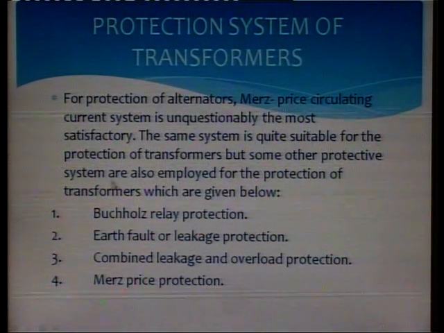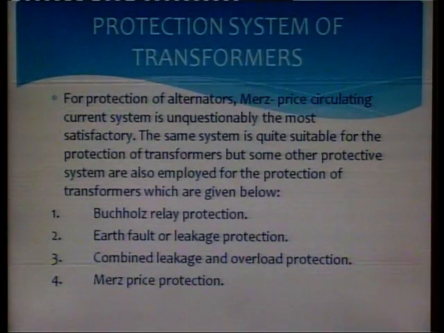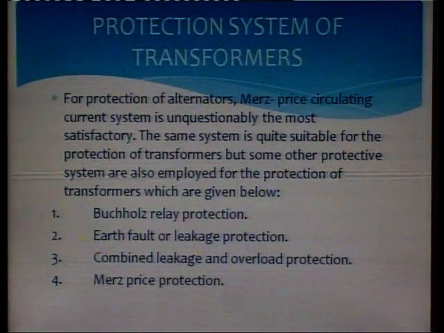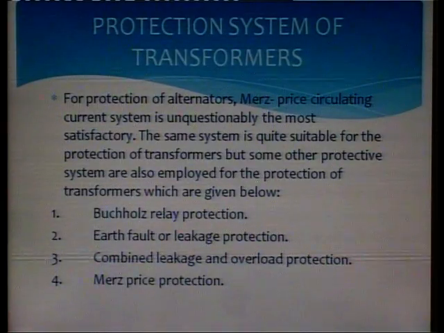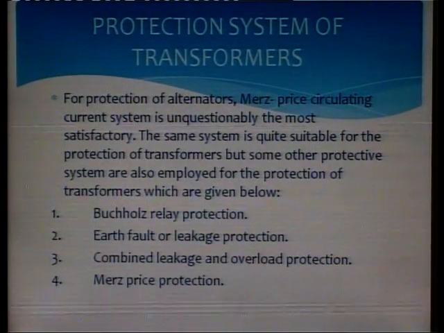For the protection of alternators, the Merz-Price circulating current system is unquestionably the most satisfactory. Therefore, the same system is quite suitable for the protection of transformers, but some other protective systems are also employed, which are given below.